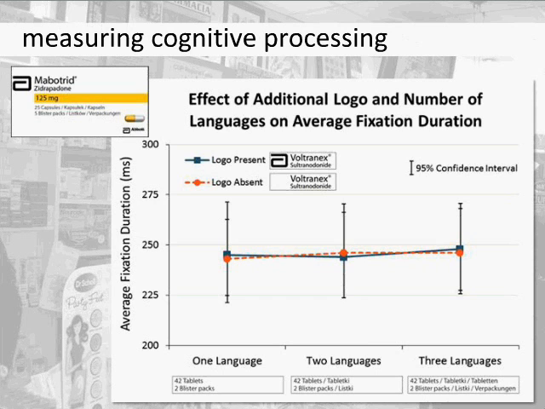Some of these labels had the big logo, represented with the blue line, and the rest didn't have the logo, represented with the orange line. And basically what we found here is we didn't find any differences, and that was a good finding for this particular study.